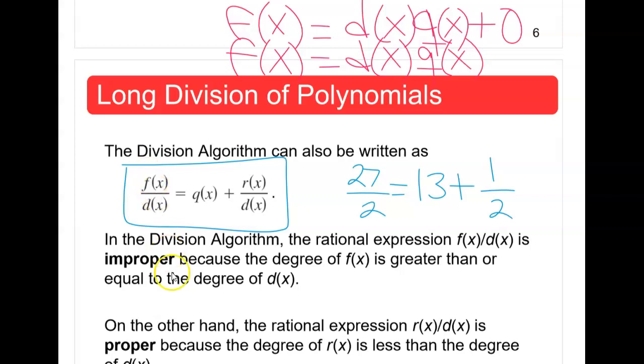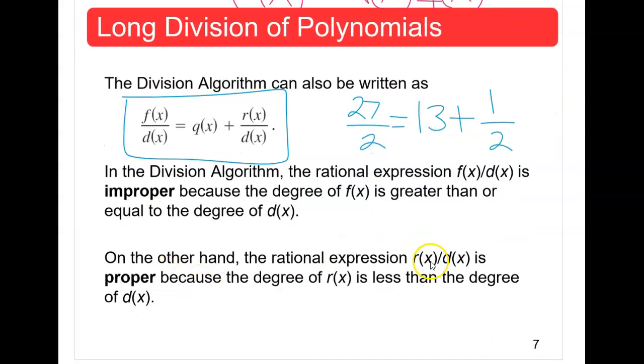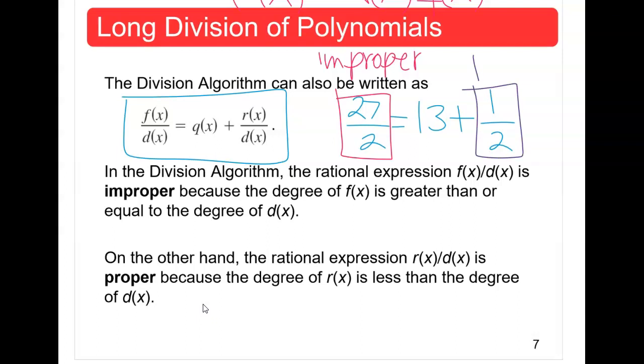On the other hand, the rational expression r of x divided by d of x is proper because the degree of r of x is less than the degree of d of x. So same thing as fractions. I know you might not like them, but you had a reason to learn them in elementary school. This is improper, and this one is proper.